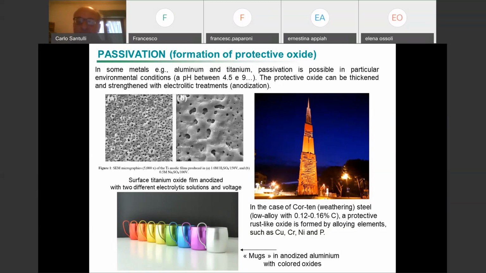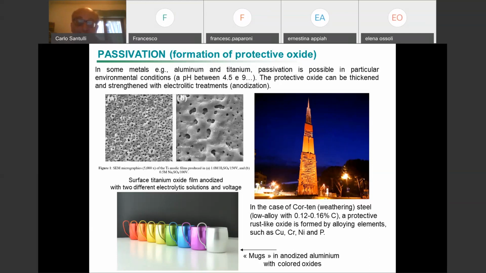This is used, for example, if you make windows, extruded parts. It's very good to have this oxidation. In many normal objects, also used in architecture and in buildings, you find this anodization.